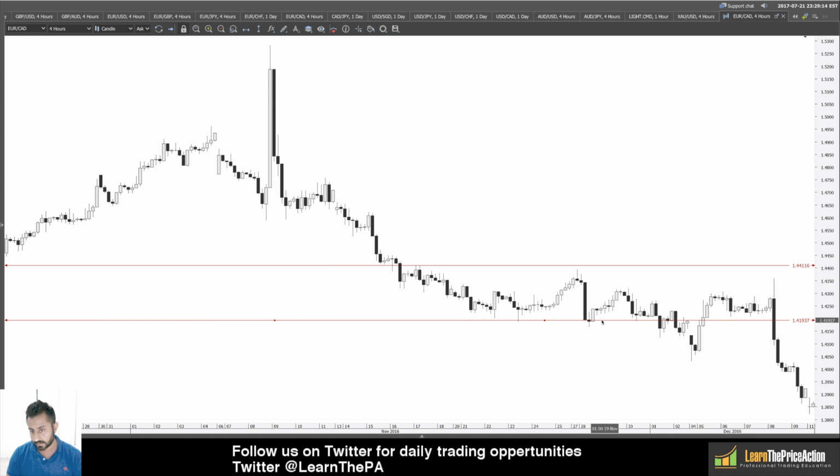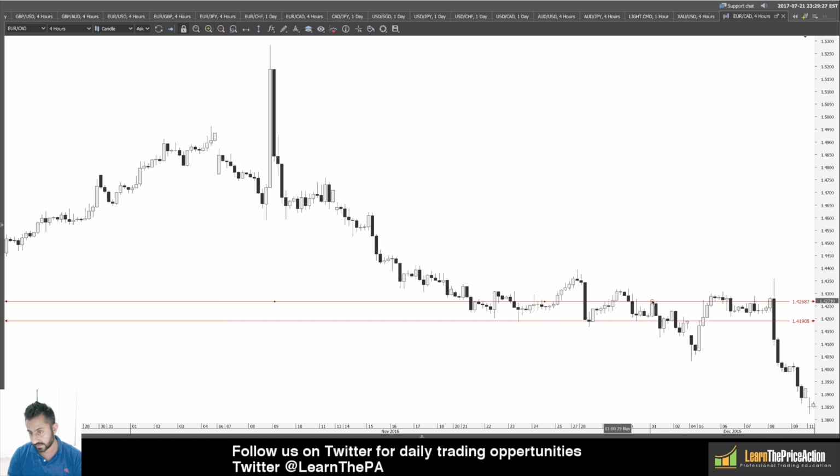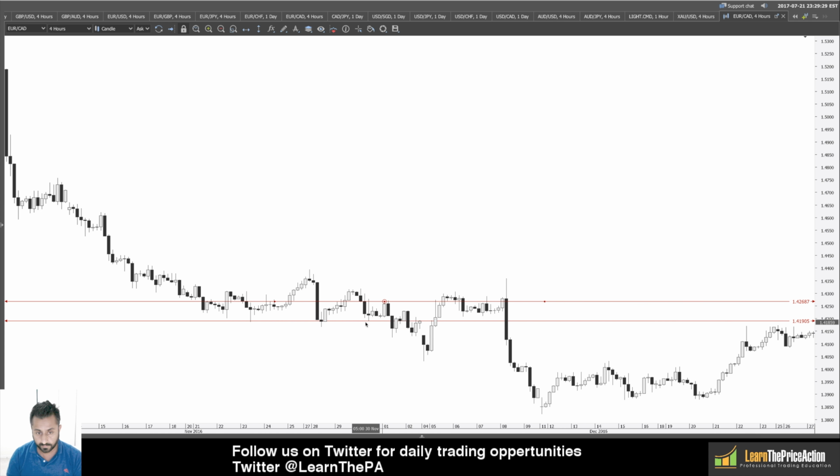Okay, so we're going to move this lower line to this last low, because this is the last hook point that was created, and which is the last high on this hook point. Last hook point is this right here. Okay, so you have this, and then you have your, sorry, my bad.